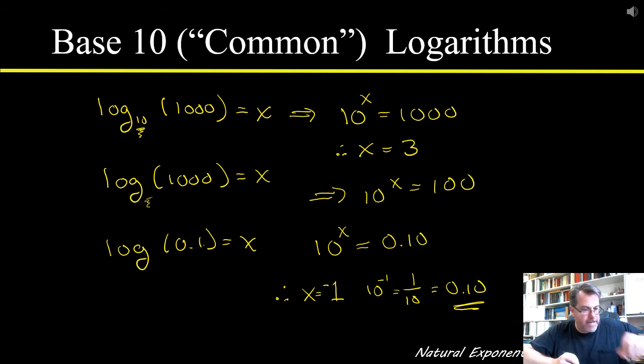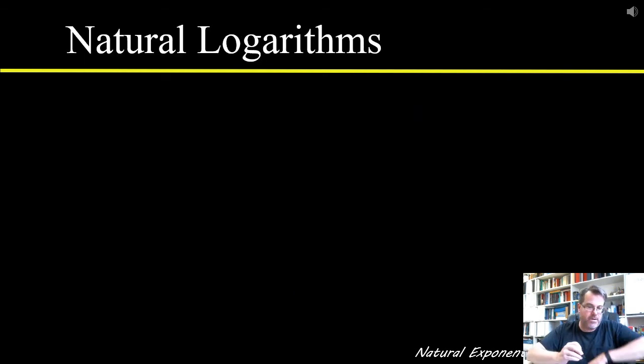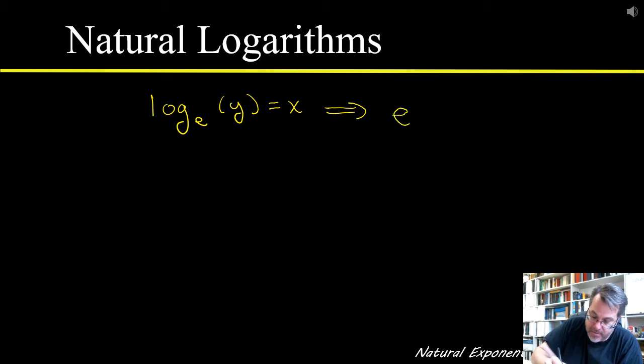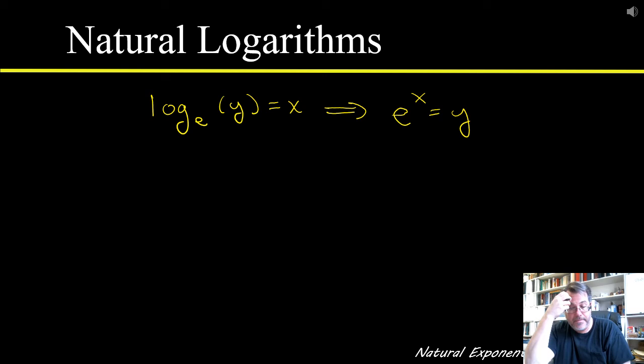Okay? All right. Now let's look at natural logs, because this is really what we're going for. These are the functions that we're going to be seeing in kinetics as we move forward. Natural logs are logarithm functions with a base e. So we could write them this way: log base e of some number y equals x. And what that means is we take e, raise it to some number x, and the result is y.